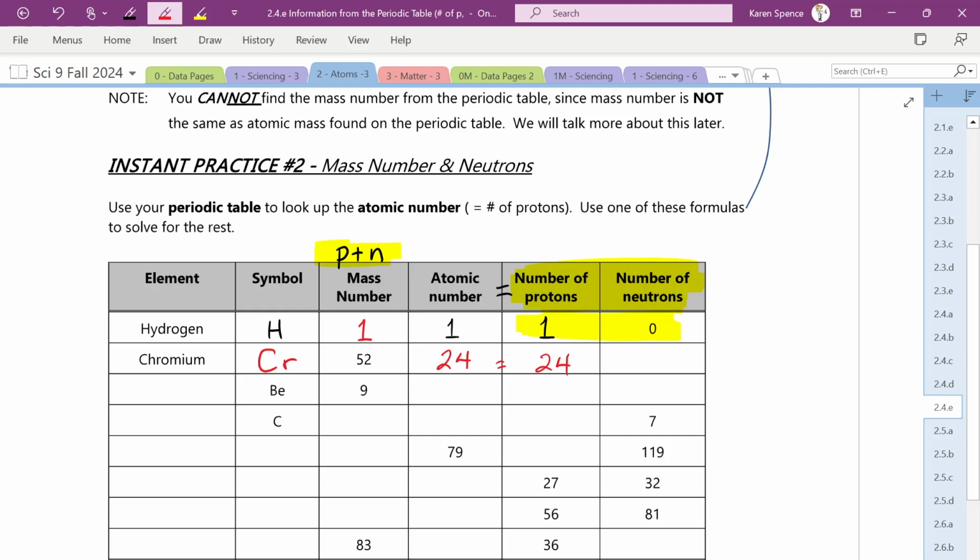Yes, we take the mass. The number of neutrons is the mass minus the protons. Yeah? So we take 52 minus 24.